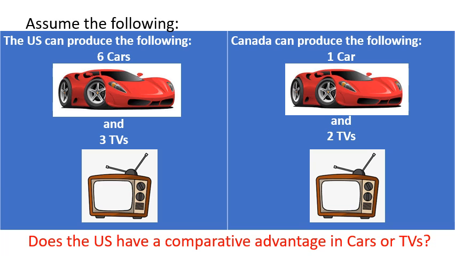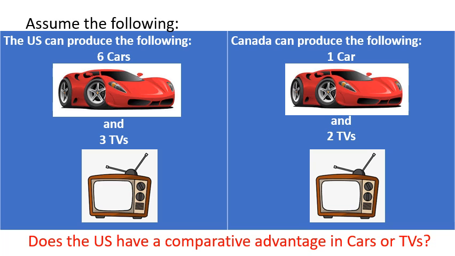Comparative advantage is when we know that a country has at least 2 absolute advantages. We know that the US can produce more cars and more TVs. But the question becomes, should the US produce more cars or more TVs and import whatever it doesn't produce itself? Where is it more efficient?